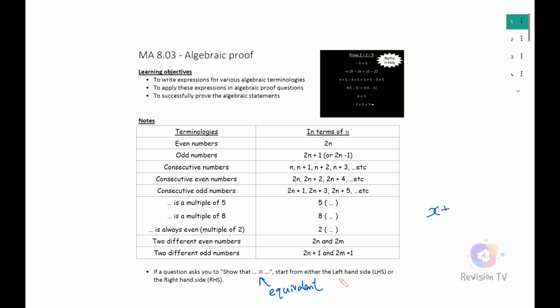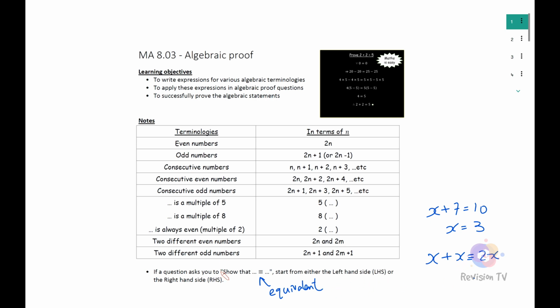For example, x plus 7 equals 10. For this to be valid, x must be 3. Anything else wouldn't be valid, right? Because if x is 4, it wouldn't work. However, if I say x plus x is equivalent to 2x, then this must be true because whatever x value you put in there, it will always work. So that's the difference if you're interested.